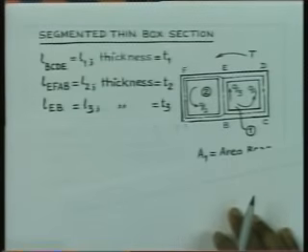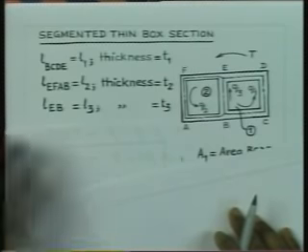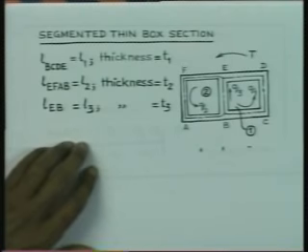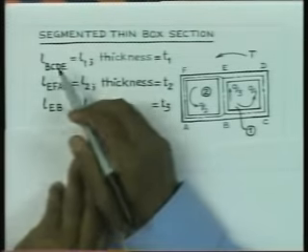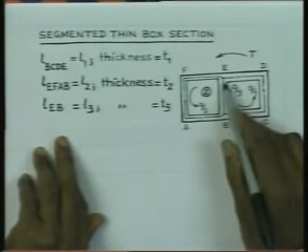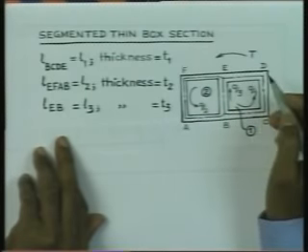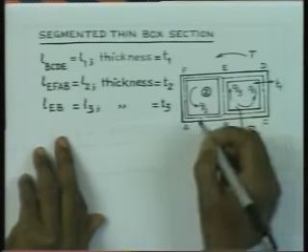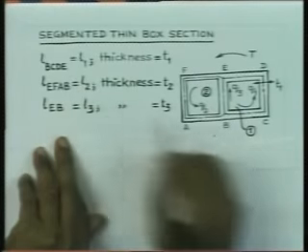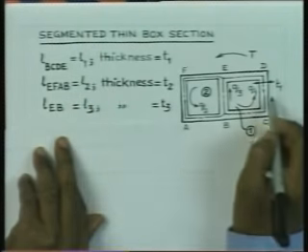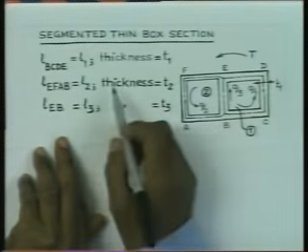For simplicity, let us try to also take these symbols, that length in this particular case BCDE has some thickness which is equal to T1. So, everywhere this thickness is equal to T1, and length, let us say that this whole path is equal to L1 and it is of constant thickness T1.